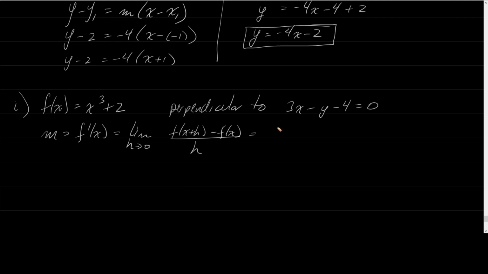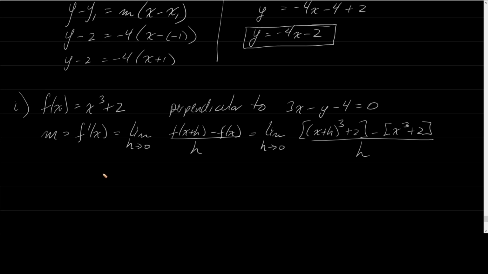I end up with the limit as h goes to 0 of x plus h cubed plus 2 minus x cubed plus 2. There we go. Way better when we don't make mistakes.